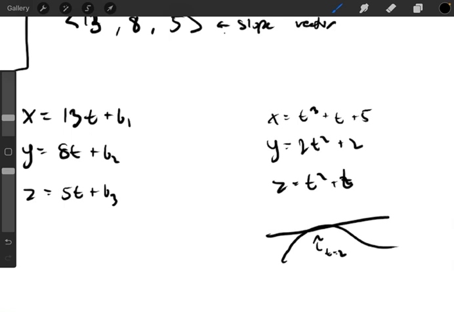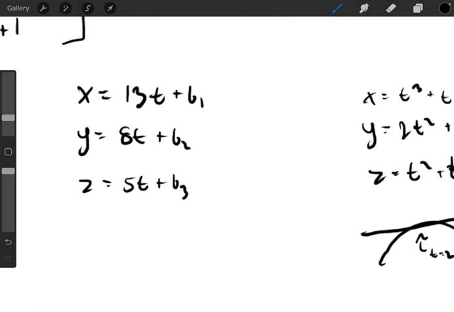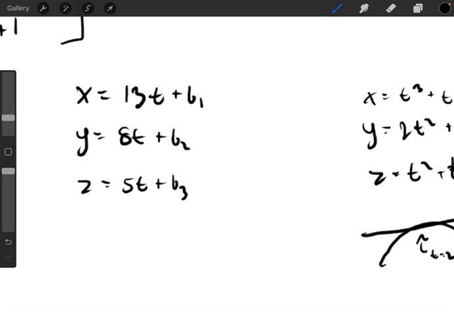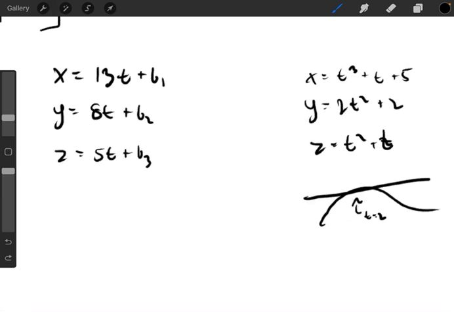That means this tangent line has to have a point that is equal to the point on the curve. And how would we find that? Well, I think the easiest way is to say that this tangent line touches this point on the curve at t equals 0 for this.